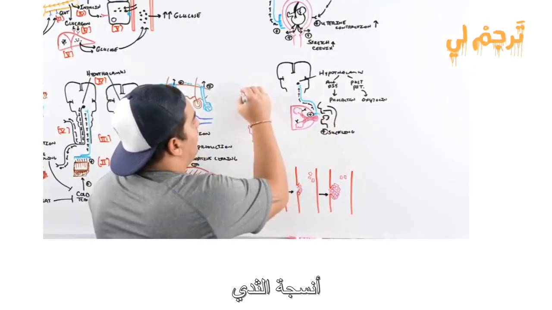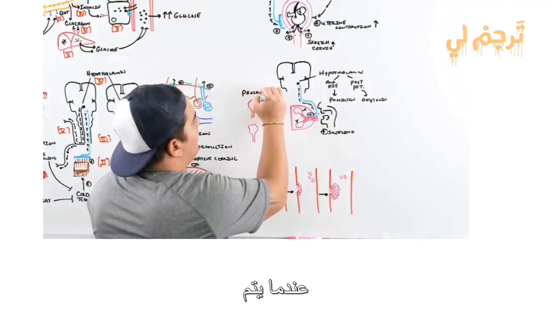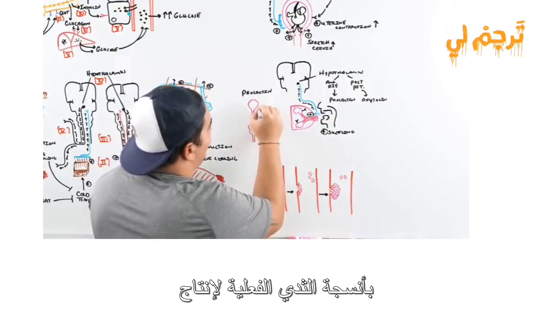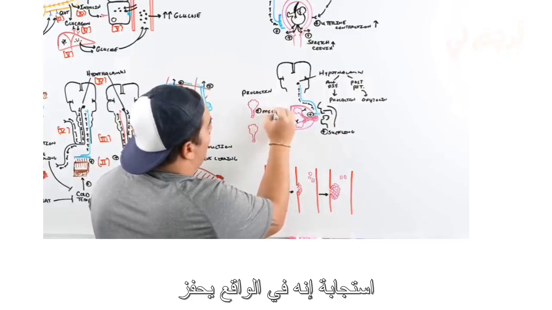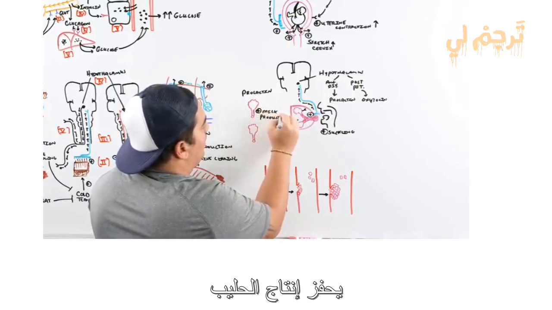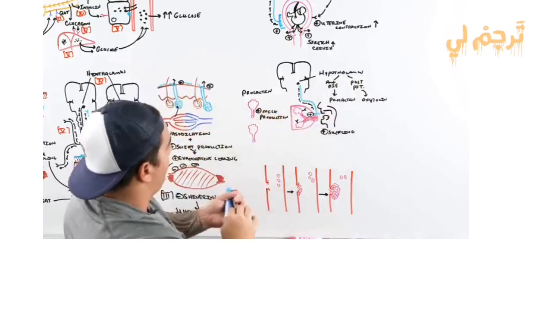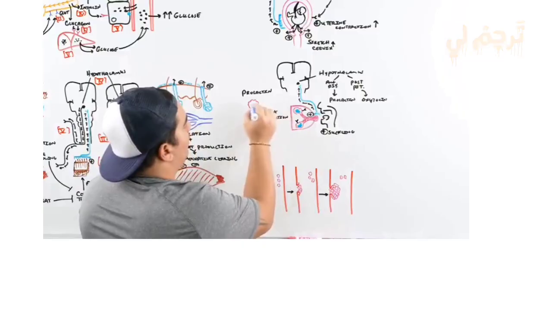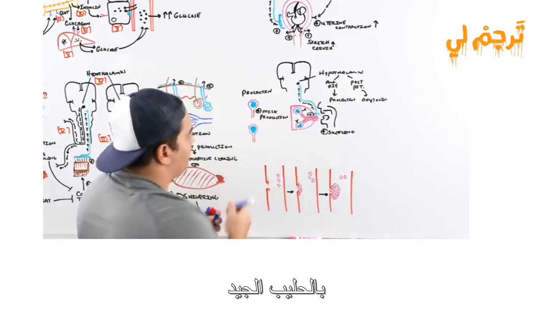When prolactin is released, what does it do to the actual breast tissue to produce a response? It actually stimulates these glands to make milk. So it actually stimulates milk production. So now these glands here in the breast tissue are going to fill up with the good old milk. Okay?